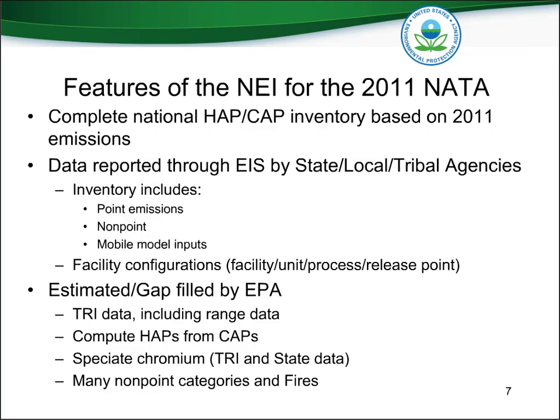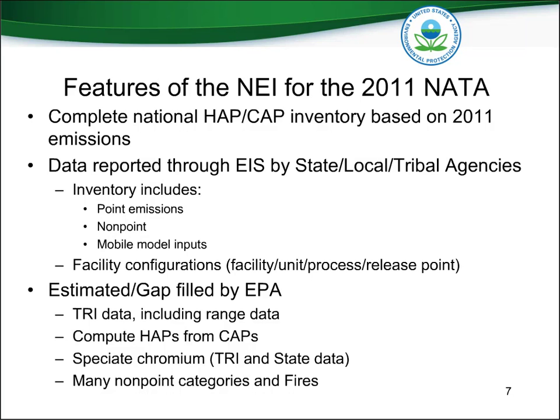And the inventory includes emissions for point sources, the point data category, or facility-level emissions like power plants and pulp and paper plants, for example. Non-point, these are mostly county-level emissions. These are the more ubiquitous sources where we don't know where exactly each one is, such as residential wood combustion, commercial cooking operations, solvent use, consumer and commercial products.